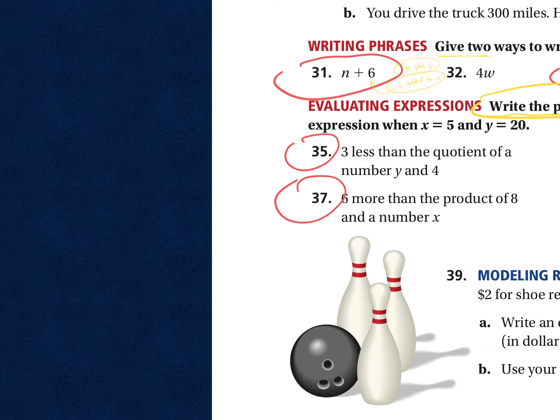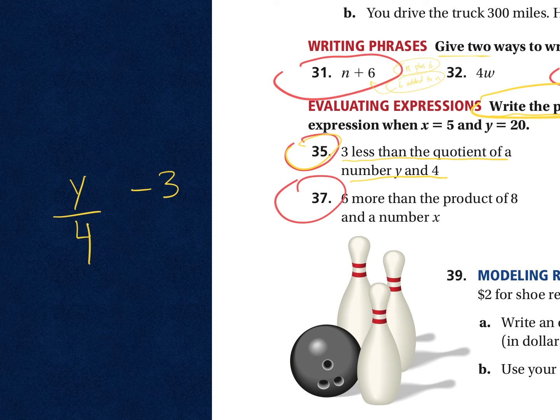So for 35, 3 less than the quotient of a number y and 4. Okay, so 3 less than means minus 3 is going to be at the end. The quotient of a number y and 4.